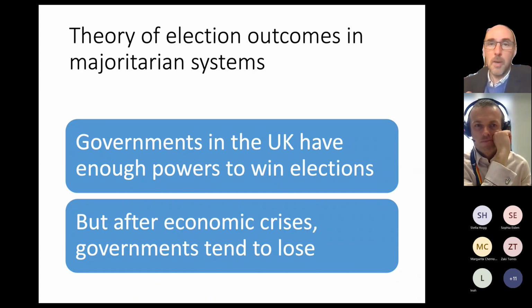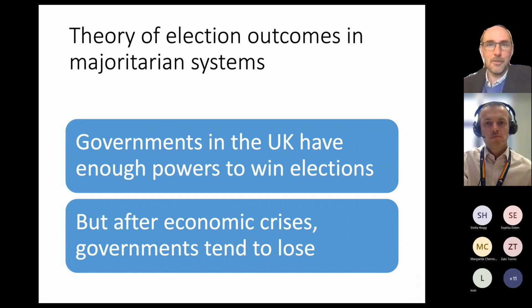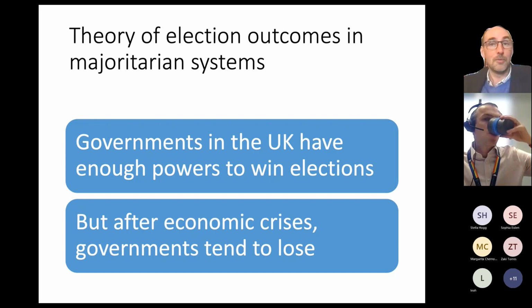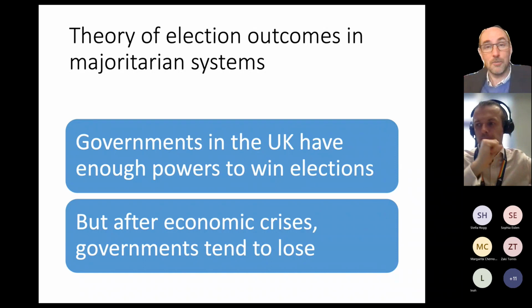Now, given how much power they have, you kind of expect them to be able to look ahead, see what their voters want, and deliver for them. And they have enough power to be able to keep their voters happy and maybe even win some new voters. And so they go into the next election with a huge advantage over the opposition.